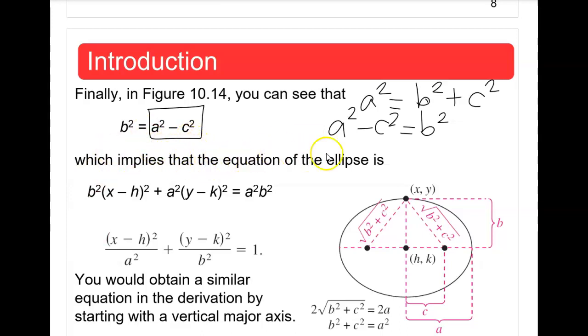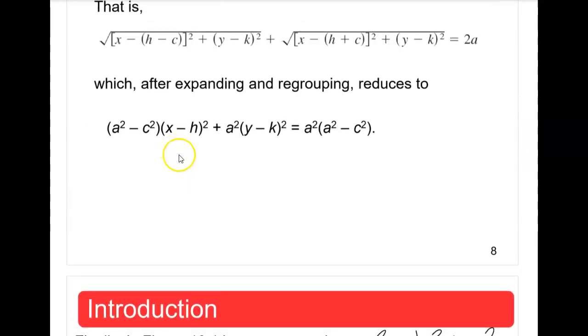Which implies that the equation of the ellipse is, we substitute, or they substituted, the a squared minus c squared in both cases with b squared, and that's what you can see on the next slide.